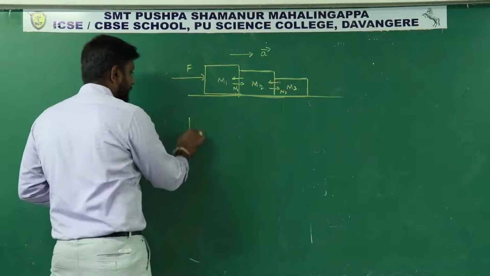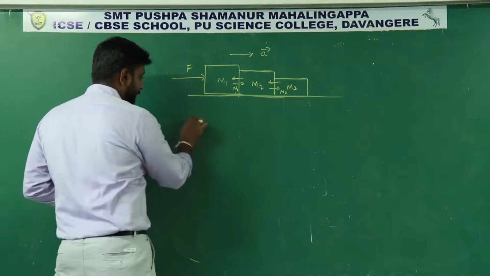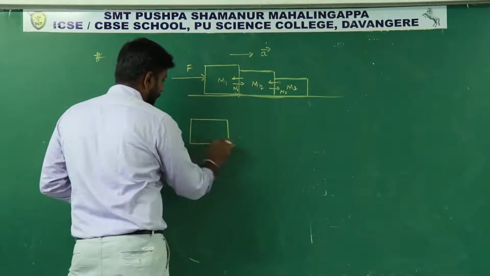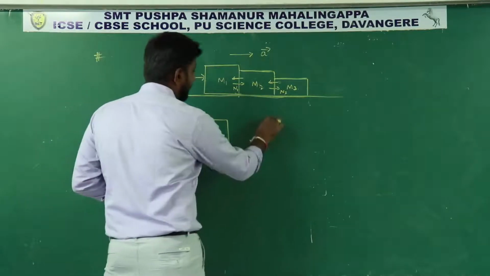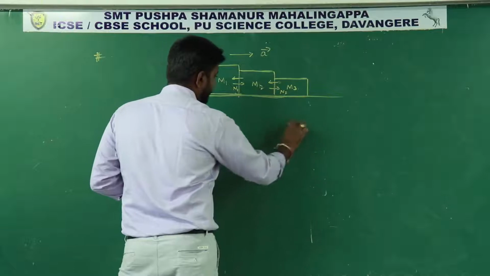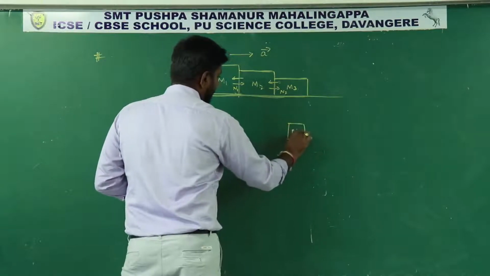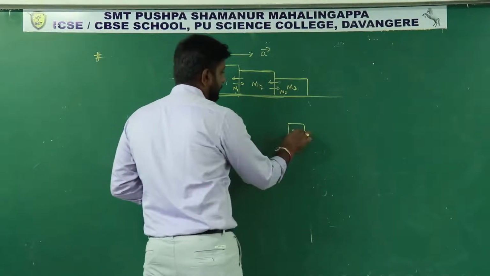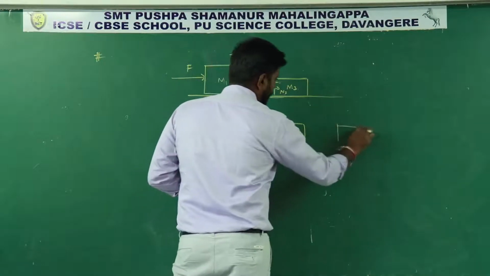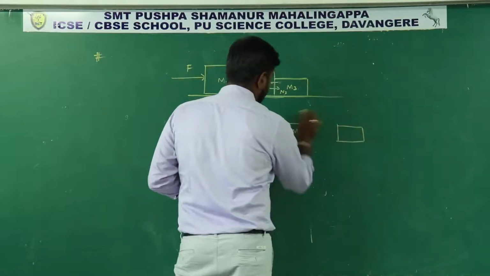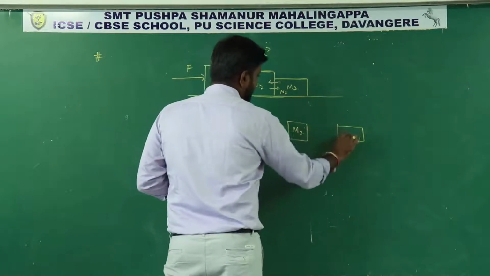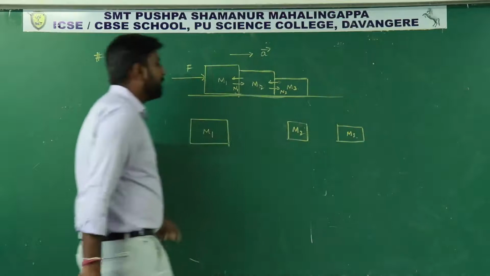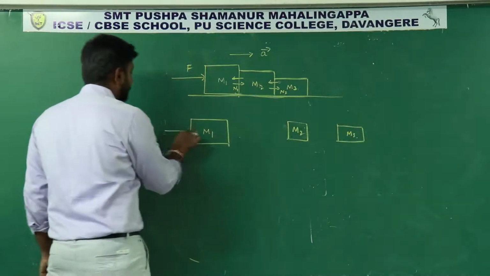For that, we have to consider a free body diagram for a block of mass M1, for the second body this is mass M2, and the next free body diagram for the third one, this is mass M3. This is for the first body.